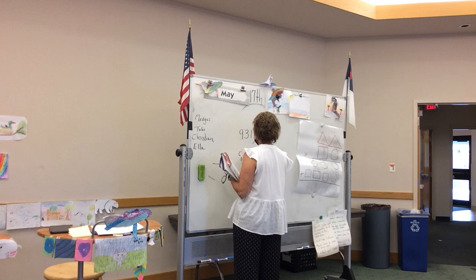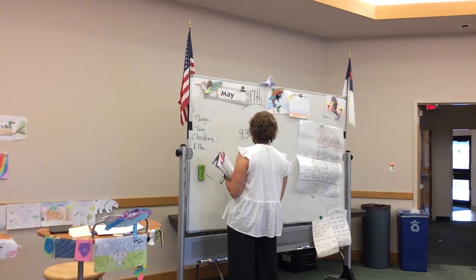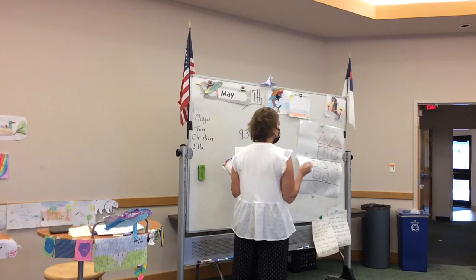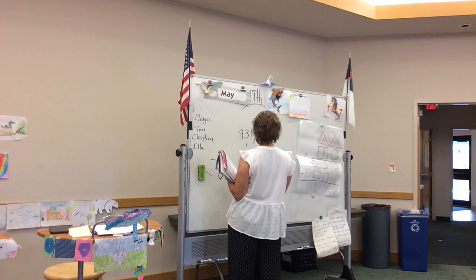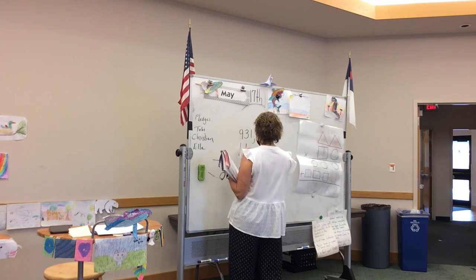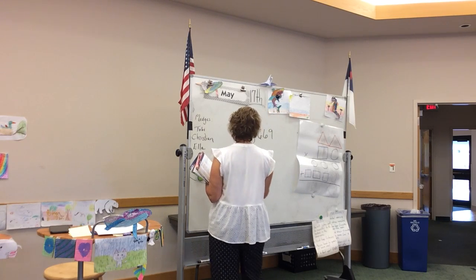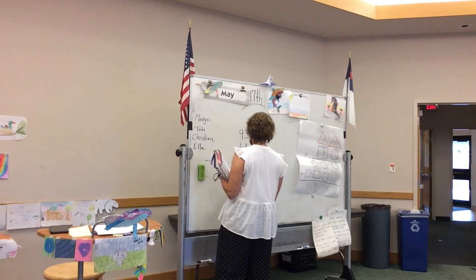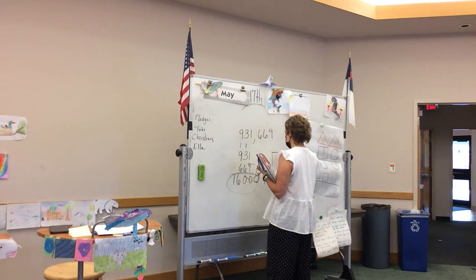You're going to add them. What is 9 plus 1? 10. What is 6 plus 3? 9. Plus 1? 10. What is 9 plus 6? 15. Plus 1? 16. All right, this is what we're going to do our division problem with.